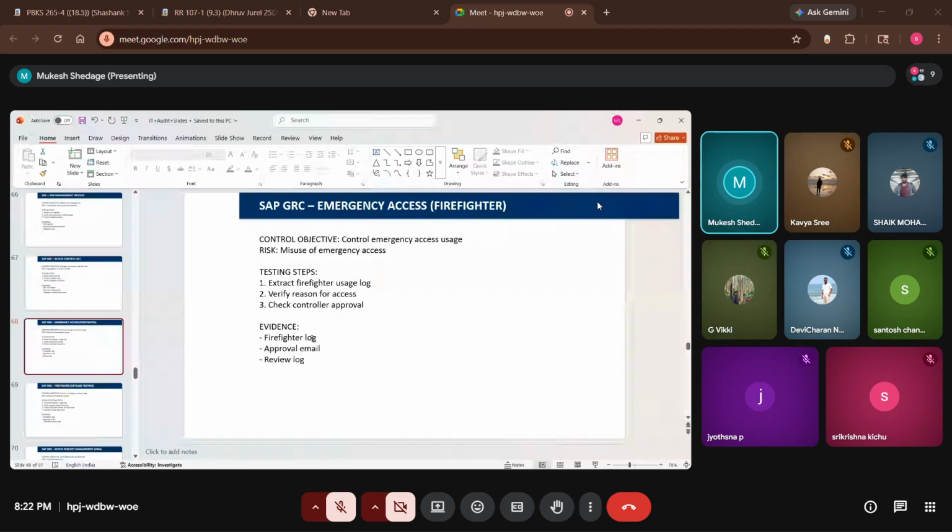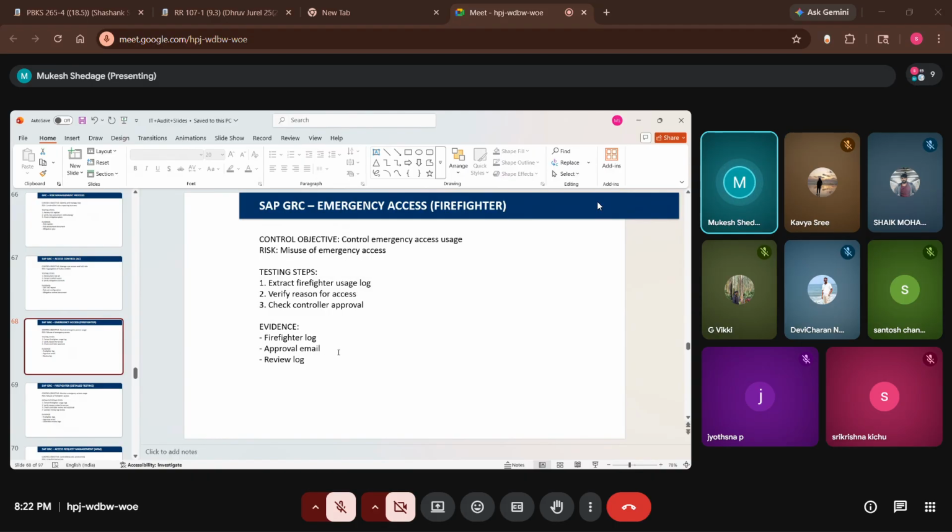Now SU01 is your evidence here. SU01 or SUIM, same thing. That is your evidence. Extra evidence is your approval email: who has given the approval, the controller who approves giving the firefighter IDs or emergency accesses to that person, their email. That is our evidence.